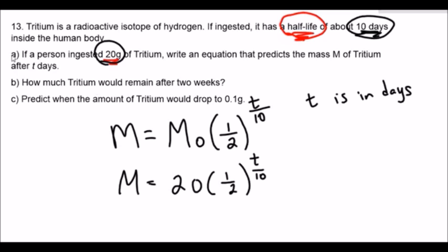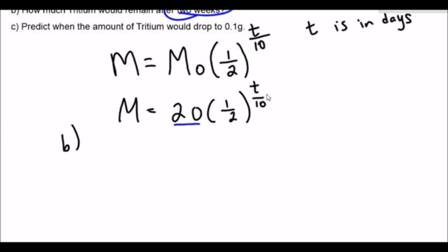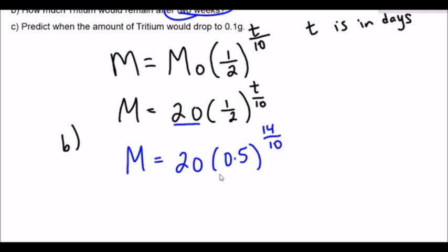So there's part A. And in part B, we're now going to use that equation because it says how much would remain after 2 weeks. So this person ingested 20 grams, and what's going to happen after 2 weeks? Really the only tricky thing to remember is that 2 weeks is 14 days. So we have to use 14, not 2.